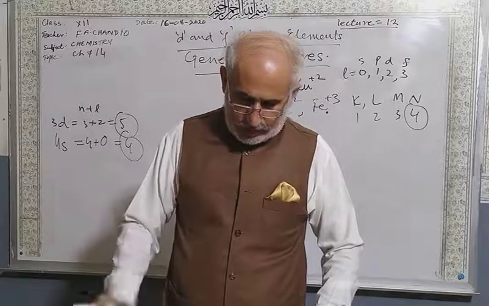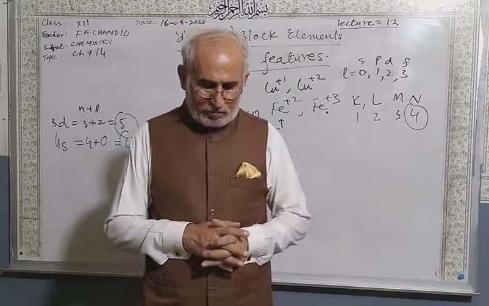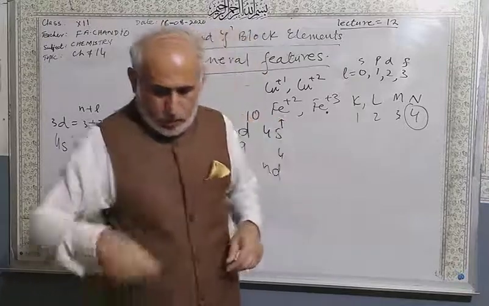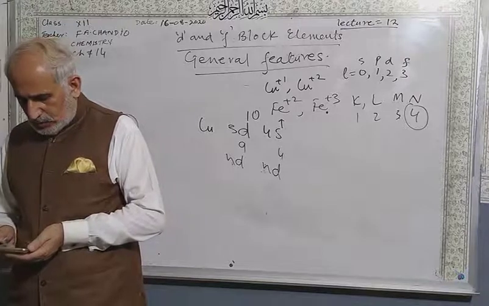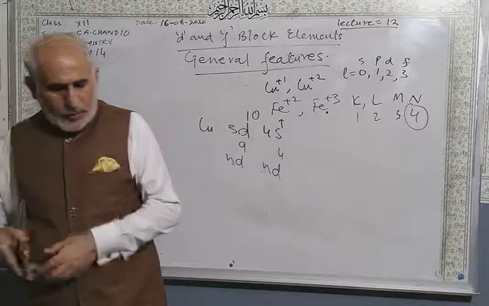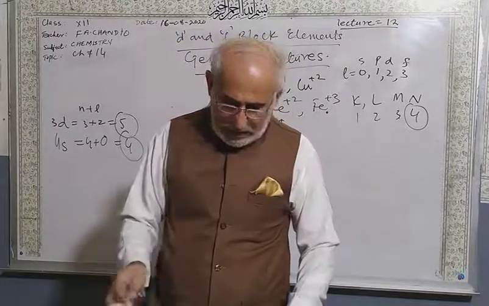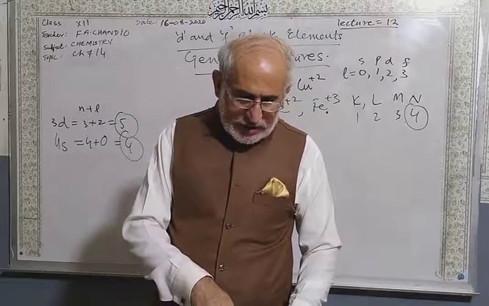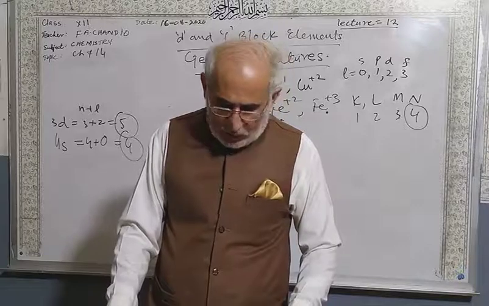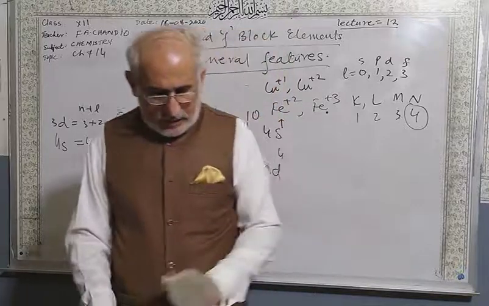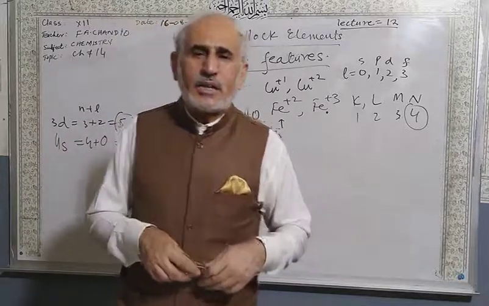Now properties: the properties of transition elements include binding energies, variable oxidation states, catalytic activities, magnetic behavior, and alloy formation. These properties we will discuss in the next lecture. Thank you very much.